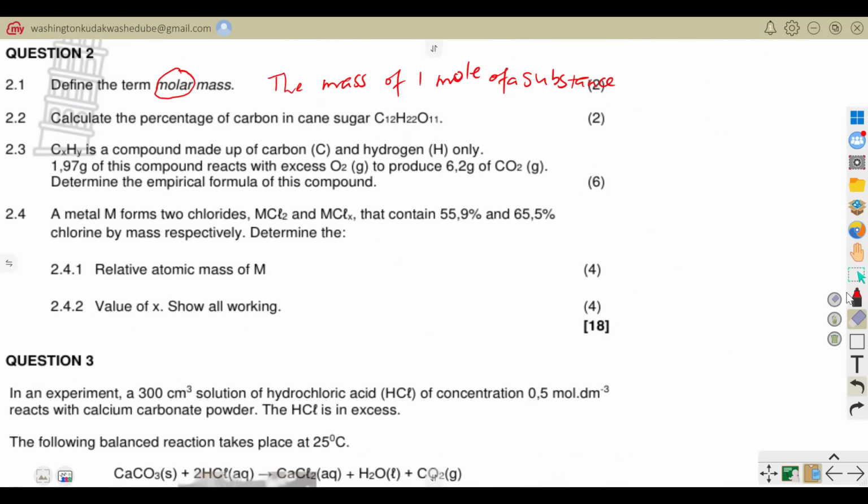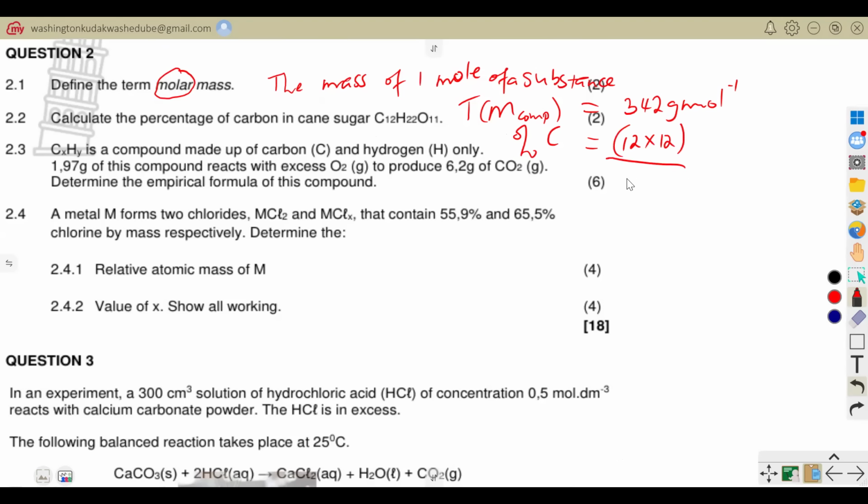So like I said, the first step is to calculate the total molar mass of the compound that we are given. The total molar mass of the compound, we said, is equal to 342 grams per mole. In that 342 grams per mole, we have got a total of what? Of carbon. So if we want to calculate the percentage of carbon, we say 12 times 12 divided by the total, which is 342, times 100%.